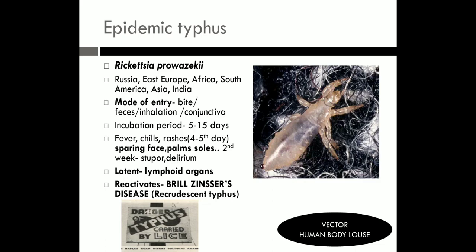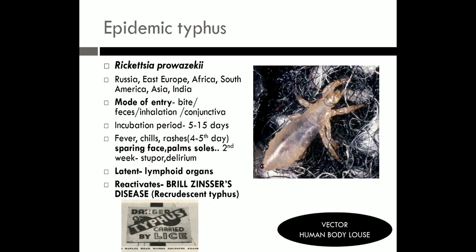This infection is usually noticed in Russia, Eastern Europe, Africa, South America, Asia, and sometimes in India also. However, since 1978, there have been no cases of epidemic typhus reported in Southeast Asia.